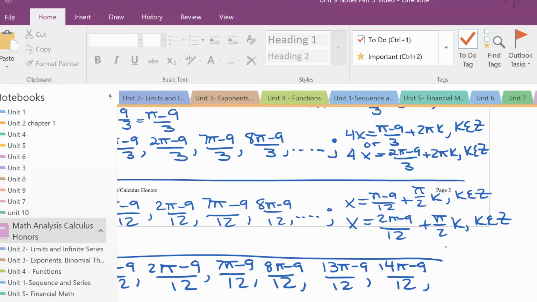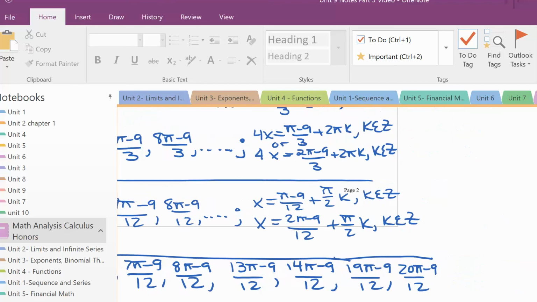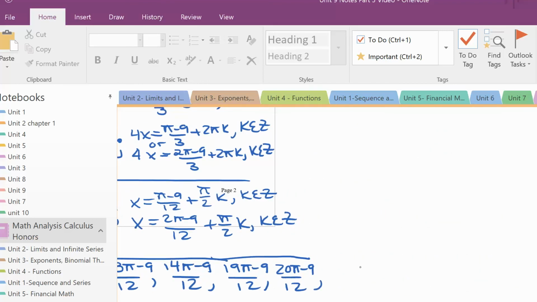So if you put 3 in, you get 19 pi minus 9 over 12 and 20 pi minus 9 over 12. And then if you put 4 in, you get 25 pi minus 9 over 12 and 26 pi minus 9 over 12. And that would be between 0 and 2 pi.